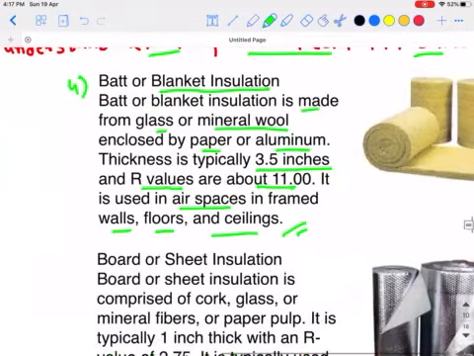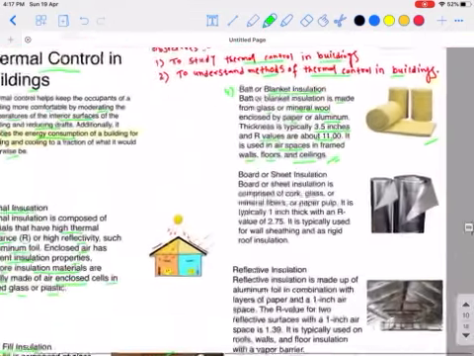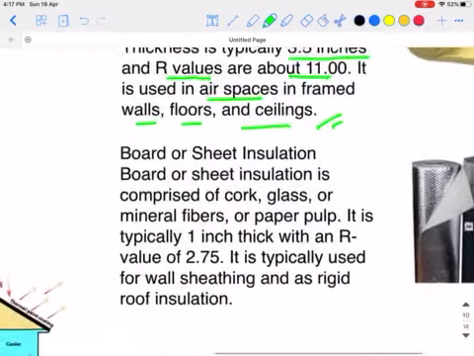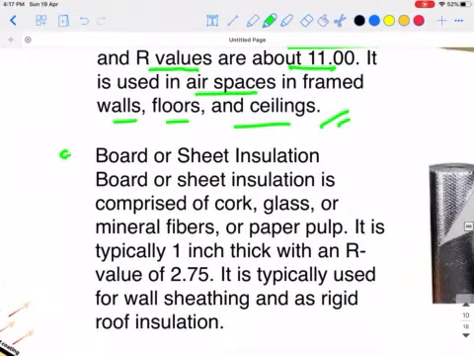Fifth method of thermal control in buildings is board or sheet insulation. Board or sheet insulation is comprised of cork, glass or mineral fibers or paper pulp.